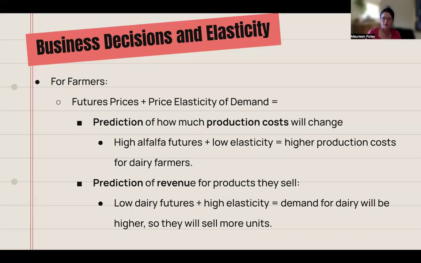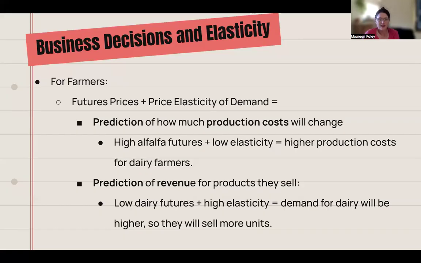If a dairy farmer were to look up the future prices of alfalfa, and they saw that they're getting pretty high, we know that alfalfa has a low elasticity. One of the reasons for this is that it's so necessary for dairy farmers. Dairy farmers can't just feed their cows less hay because hay got more expensive. They still need to feed them the same amount. So there's low elasticity there.